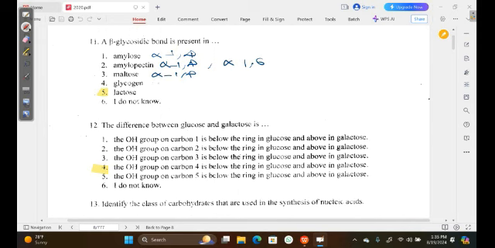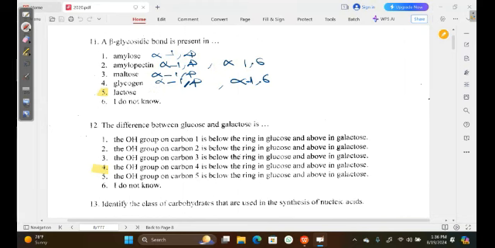Then we talk of lactose. Lactose contains galactose as well as glucose. The bond that is formed is between carbon 1 of glucose and carbon 4 of galactose, and the formed bond is actually beta rather than alpha.